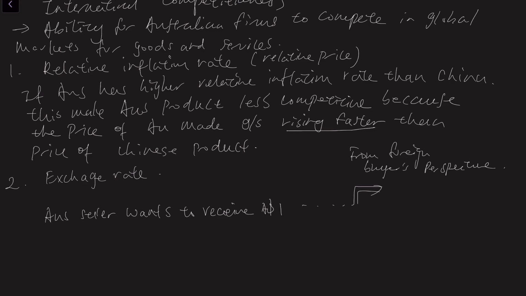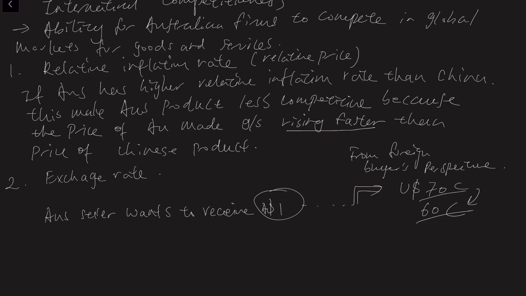For example, sometimes it may be worth 70 US cents. Sometimes it was 60 US cents. So this represents a depreciation. Whenever the Australian dollar depreciates, Australian-made goods and services become relatively more attractive from overseas buyers' perspective. Because before they were paying 70 cents, but now they are only paying 60 cents. And you are still receiving $1 Australian. So the depreciation of the currency alone can increase the level of international competitiveness.